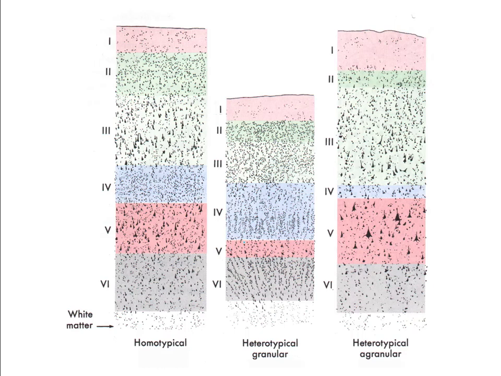And you've got a very small pyramidal layer in 5. This is heterotypic granular. These tend to be sensory cortices, usually primary sensory cortices. And here you've got huge numbers, including these are probably Betz cells. Betz cells are the upper motor neurons that give rise to the corticospinal tract, and this is what you see in motor cortex.